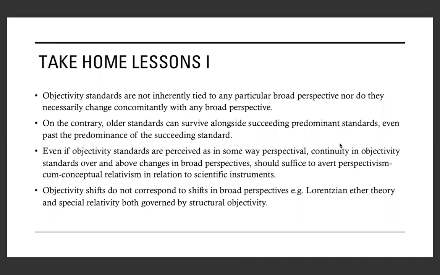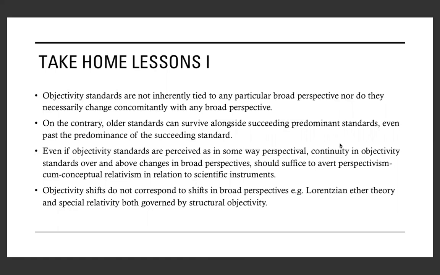Anyway, so here are the first take-home lessons related to the objectivity-led response to instrumental incommensurability. So the first lesson is that objectivity standards are not inherently tied to any particular broad perspective, nor do they necessarily change concomitantly with any broad perspective. What I just said.